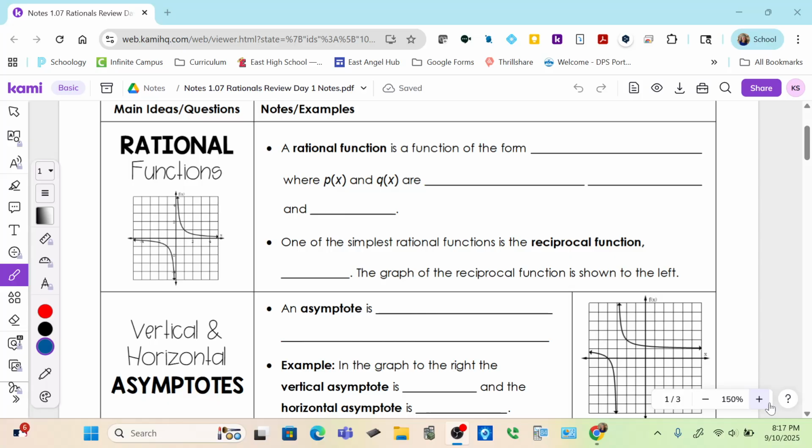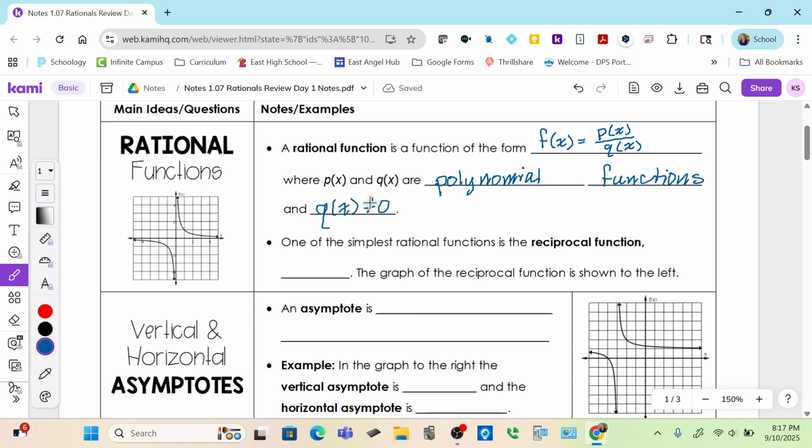So just a reminder of what a rational function is. A rational function is a function of the form f of x equals p of x over q of x, where p of x and q of x are polynomial functions, and q of x, the denominator, cannot equal 0.